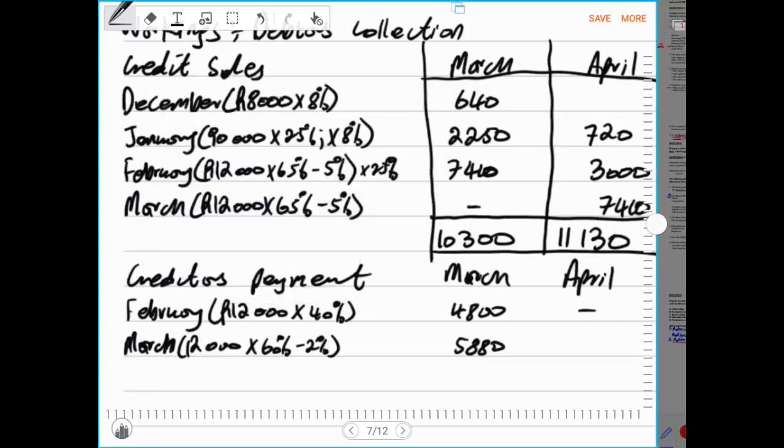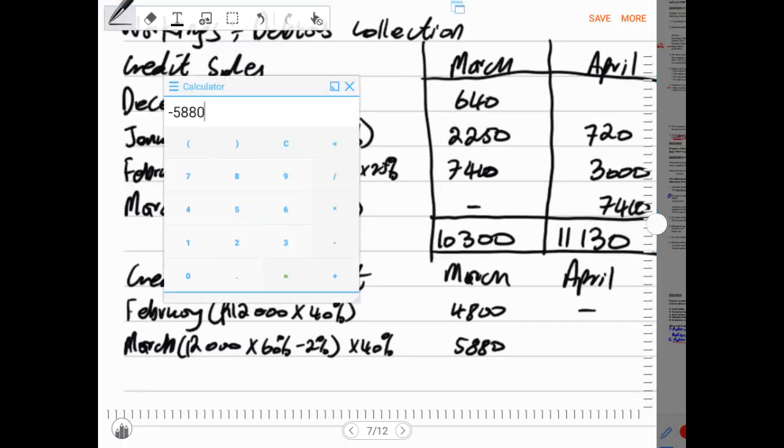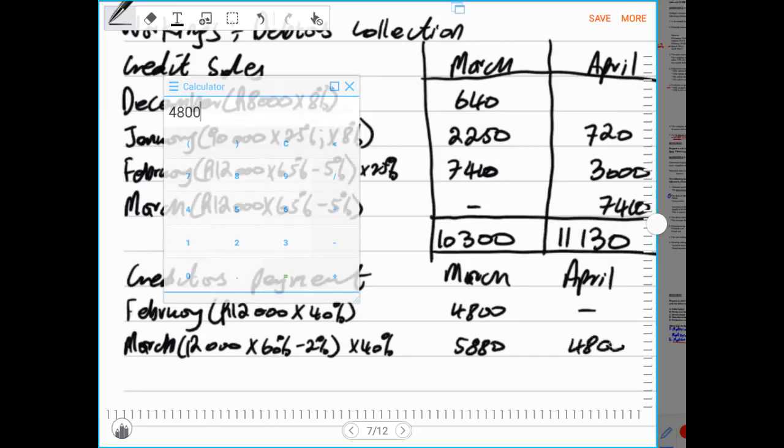Then 40% times by 40% will be for the next month. Then we say 12,000 times by 40% will be collected for the month of April. That will be 4,800. Therefore, now that will be the collection for the next month, which is the month of April.